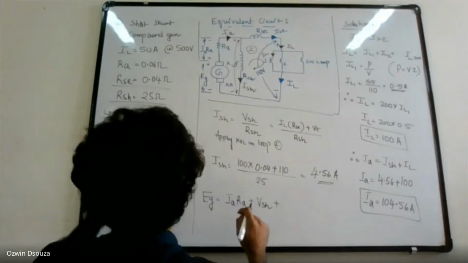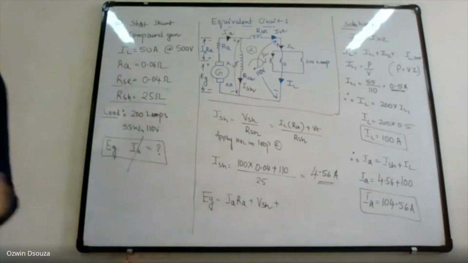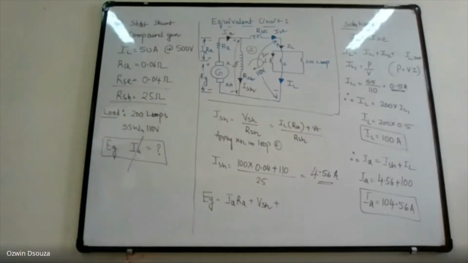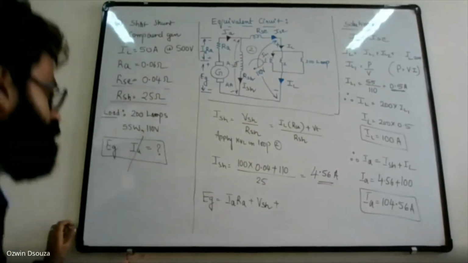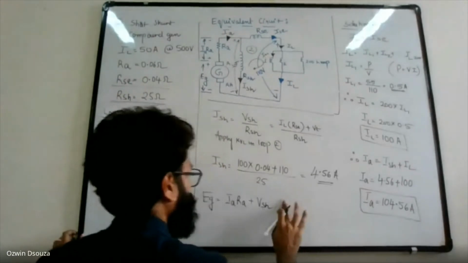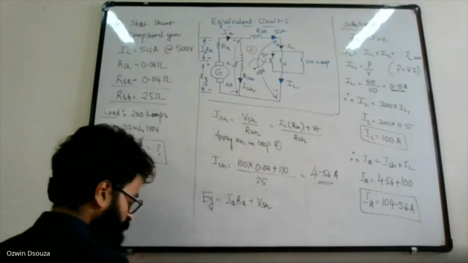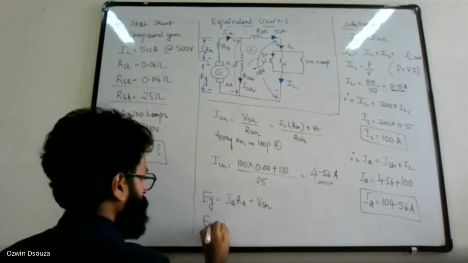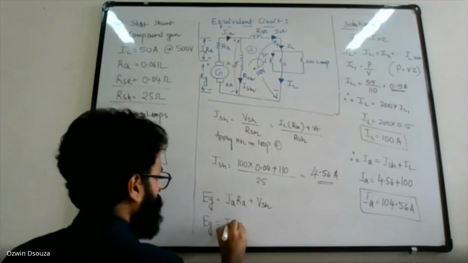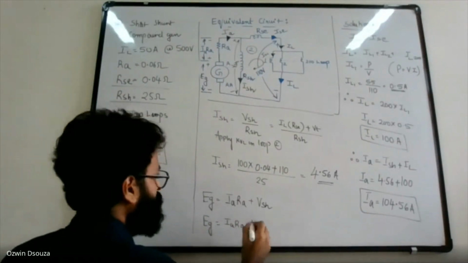Have they asked us to take it? I don't know. Okay, no brush contact drops. Cool, so you can just assume it as 0. Or EG is equal to IARA plus VSH.